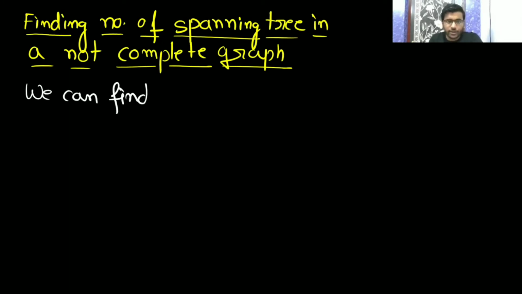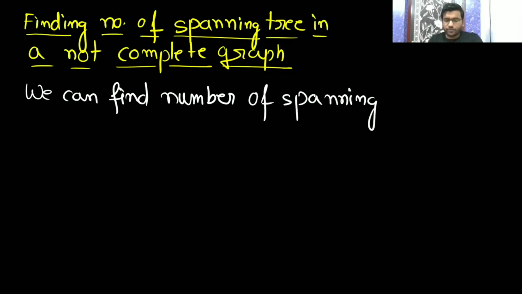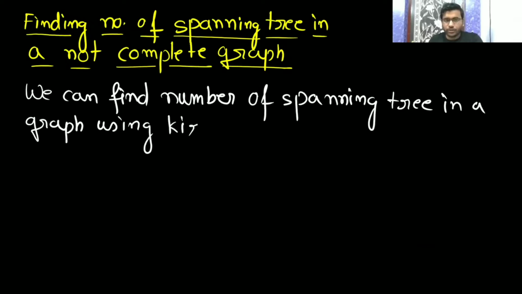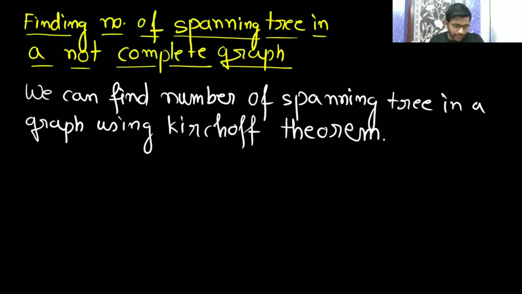We can find the number of spanning trees in a graph using the Kirchhoff theorem. For a complete graph, we have a direct formula, but if it is not a complete graph, then we should use the Kirchhoff theorem.